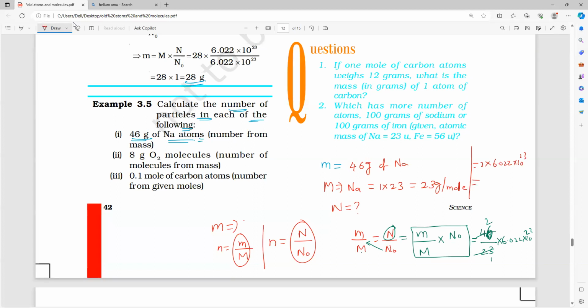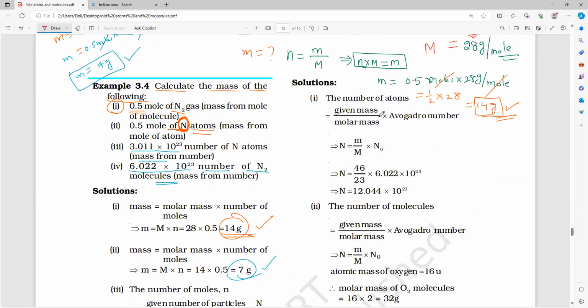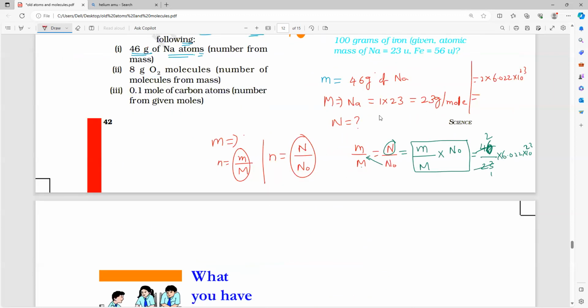If you multiply, 2 sixes are 12, so the answer is 12.044 into 10 power 23 sodium atoms. That's all it is. Okay, guys, small doubts also, please ask me. I will accept.